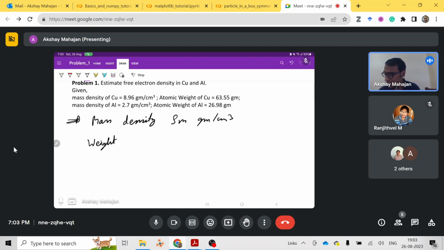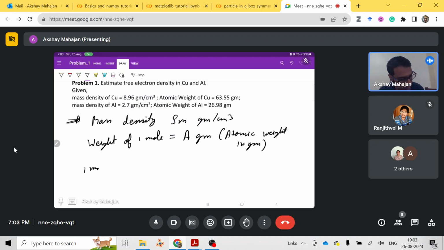It is the weight of 1 mole, denoted by A gram, where A is our atomic weight in gram. That is given to us for both copper and aluminium.